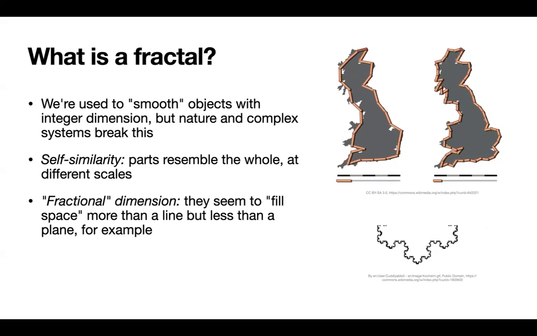They seem to fill space more than a line, but less than a plane, for example. In many mathematical considerations, the defining quality of a fractal is non-integer fractal dimension, and this is going to be the important quality for us too.